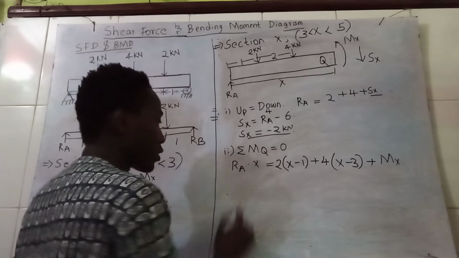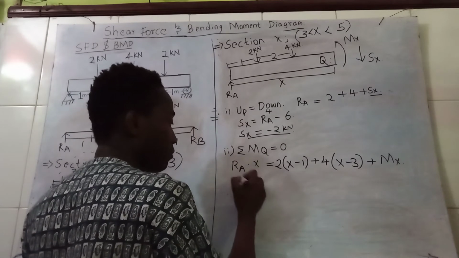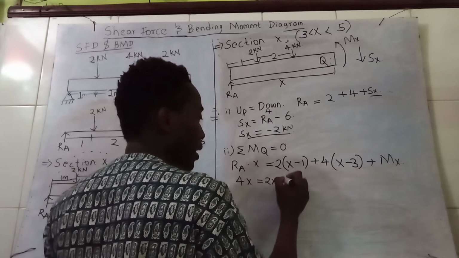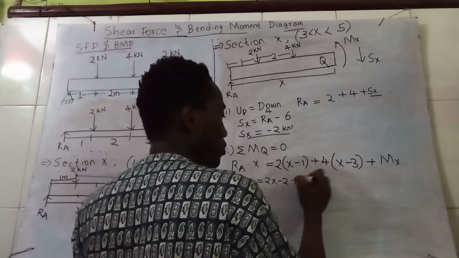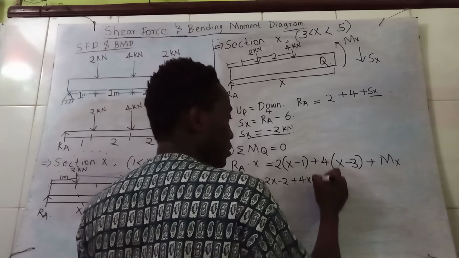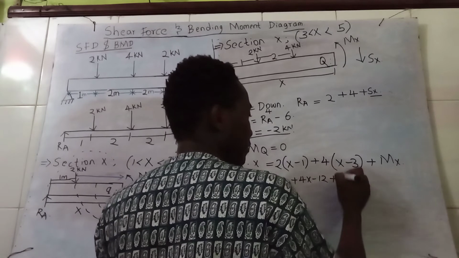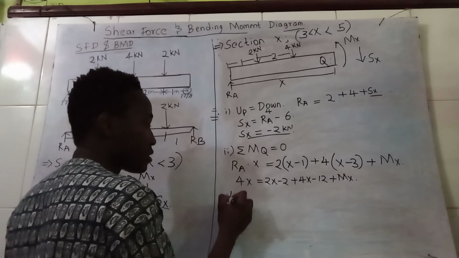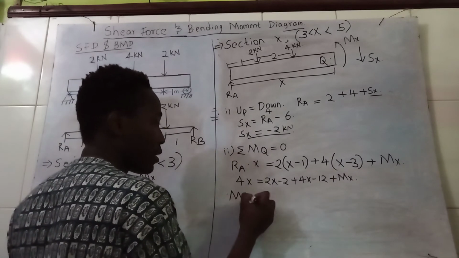Okay, so with that, RA is 4. 4x is equal to 2x minus 2 plus 4x minus 12 plus Mx. Make Mx the subject of your formula.